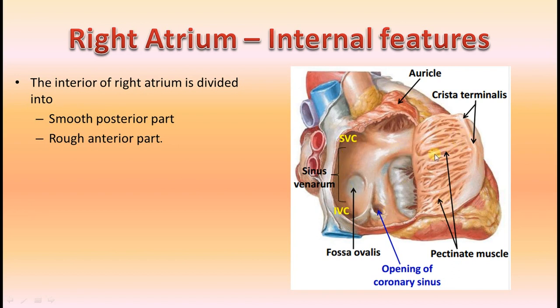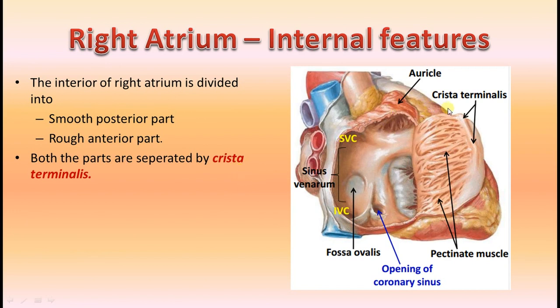Here you are able to see it is rough because many ridges are present. Anterior rough part, and then what you see is the posterior smooth part. So two parts you will be able to appreciate in the interior of the right atrium.